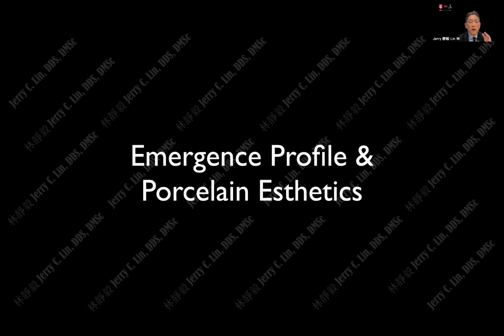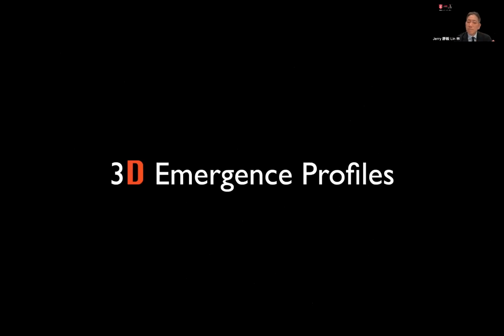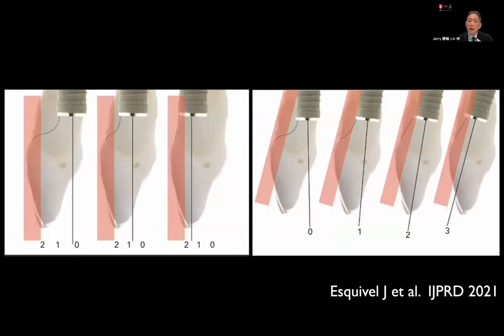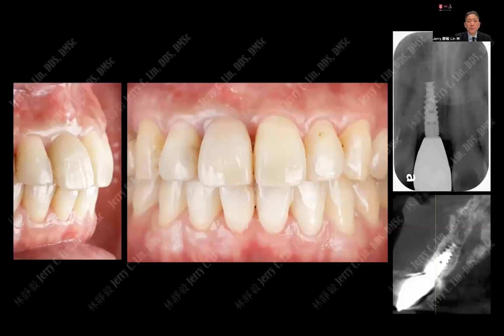What about emergence profile and porcelain aesthetics? It's all about the three-dimensional emergence profile. If you look at the current article, 2001, if an implant is placed properly, then we would have enough running room, and also room for the emergence profile to build up a good emergence profile. On the contrary, if we don't place the implant well, in the wrong position or wrong angulation, then we end up with very little room or tolerance for aesthetics.